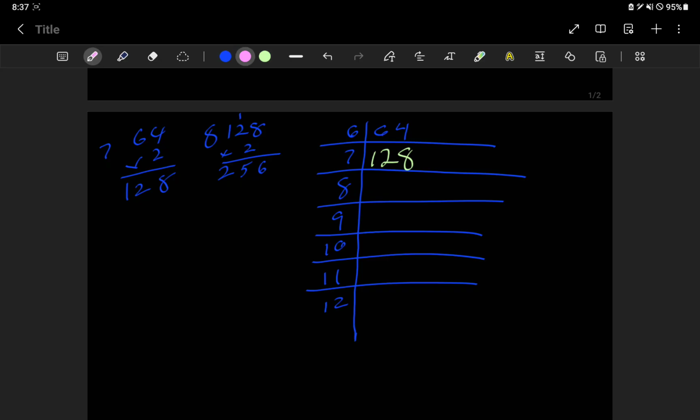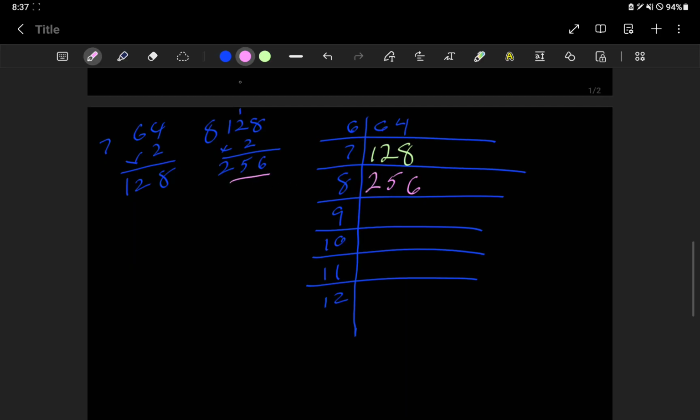Well, then we go to 8. 8 plus 8 is 16. Carry 1. 1 plus 2 is 3, plus 2 is 5. And 1 plus 1 is 2. Then for day 9. 6 and 6 is 12. Carry 1. 1 plus 5 is 6, plus 5 is 11. Carry 1. 2 plus 2 is 4, plus the 1 is 5.